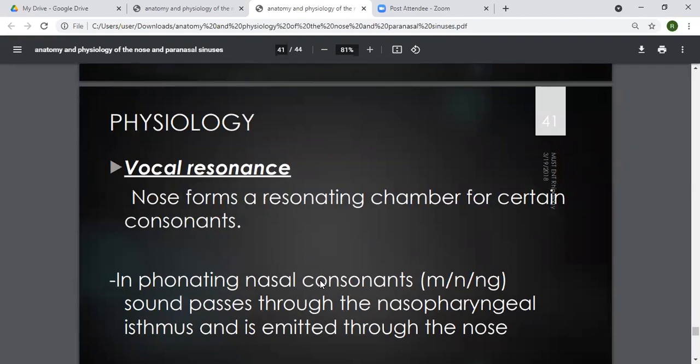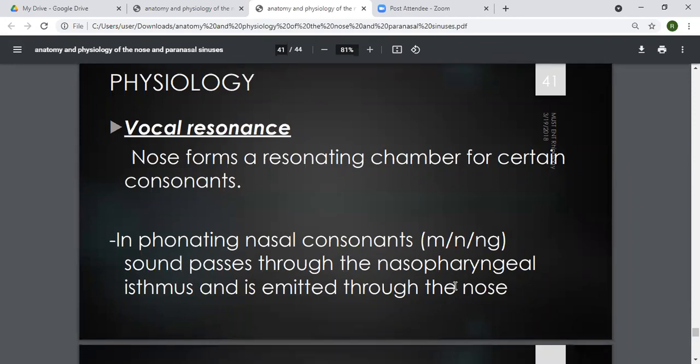It's a resonating chamber for certain consonants, which are M, N, and NG. And this can be evident in the way someone who has a blocked nose talks, which is different from one whose nasal cavity is patent. These consonants pass through the nasopharyngeal isthmus and are then emitted in the nose.